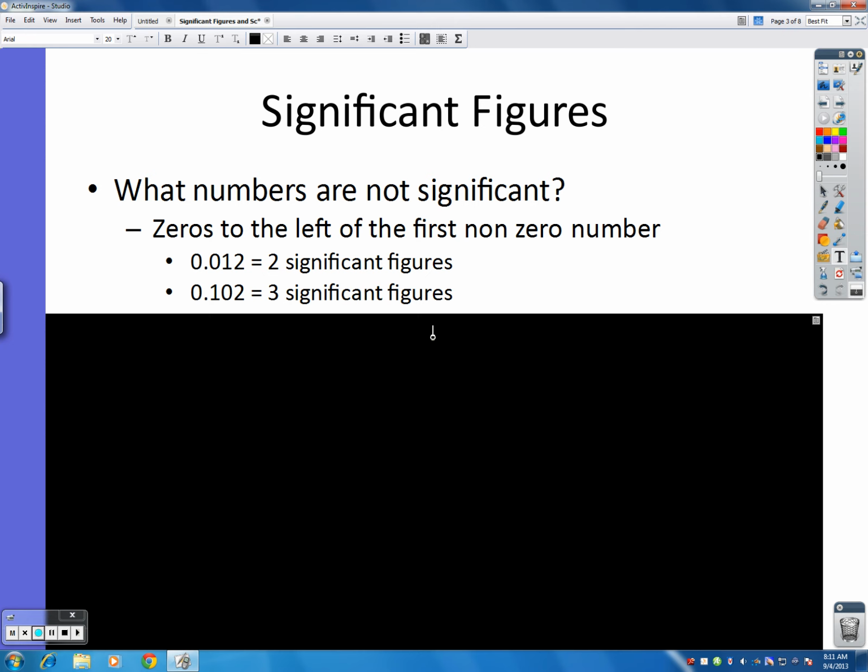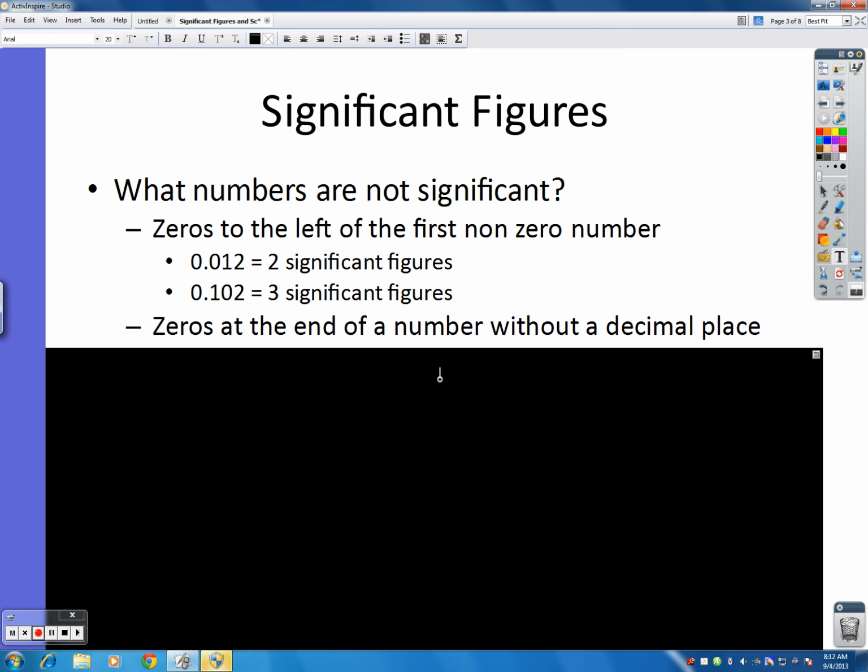In the number 0.102, there are 3 significant figures because the first 0 is to the left, so it's not significant. The second 0, however, comes between 2 non-zero numbers, and so it is significant. So the 1, the 0, and the 2 are all significant.